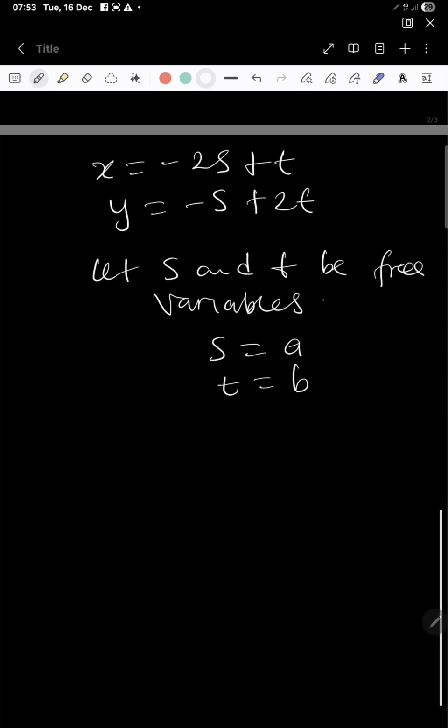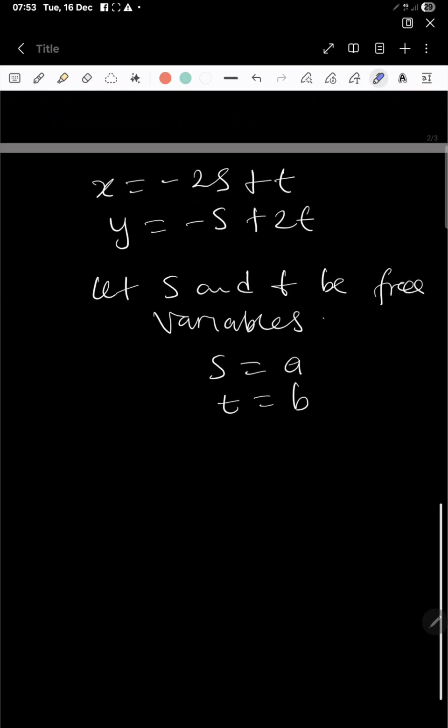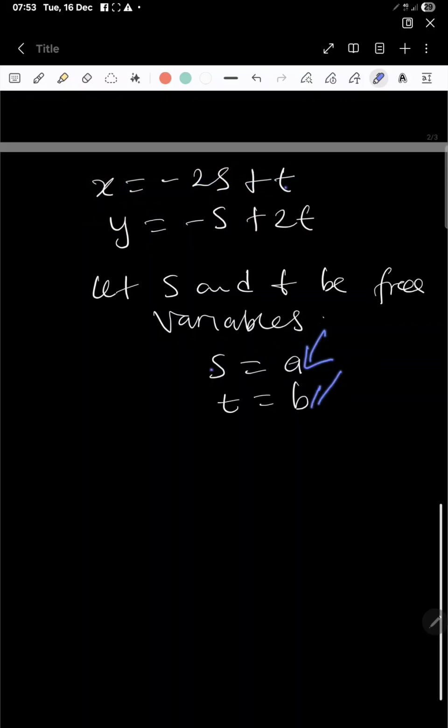So if s is a and t is b, then you come back and replace them here, because you know that x is equal to negative 2s plus t. Instead of maintaining them as s and t, replace them now as a and b.